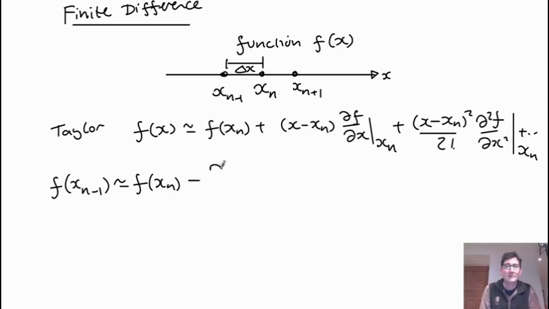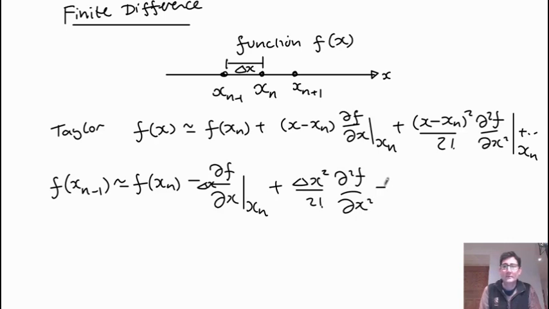So this gives us a minus df by dx evaluated at xn. This is squared, so it gives us a plus. So we have minus delta x df by dx plus delta x squared over 2 factorial d2f by dx squared. And then we'll have higher order terms as well. So we have a minus delta x cubed over 3 factorial d3f by dx cubed, all evaluated at xn.